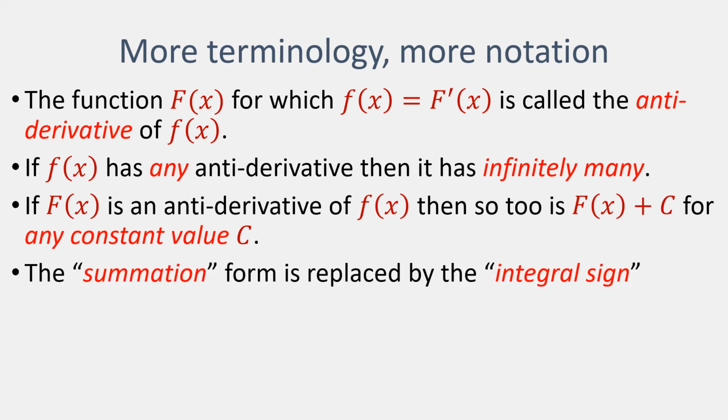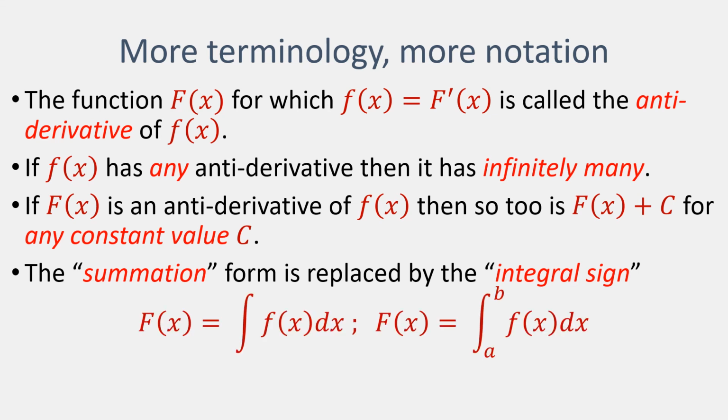The notation we introduce, and I'm sure some of you may have seen this before, is what's called the integral sign. So we write the fact that a function is an antiderivative of another function. The way we write that is capital F of x is the integral sign of small f of x, and we write this dx in here.